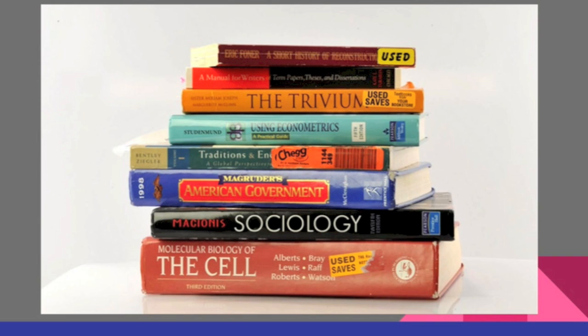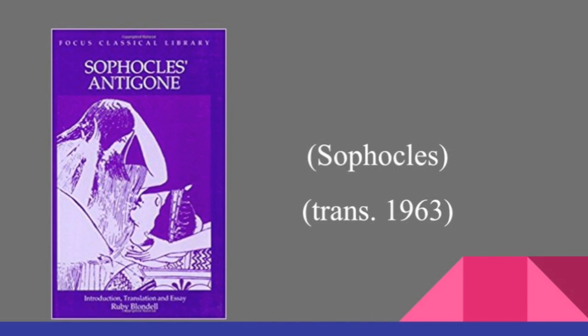And in classical works, if there is no date, then you will cite the author's name followed by ND. And if it's a translation, you will make sure to put in the parentheses "trans." and the year.